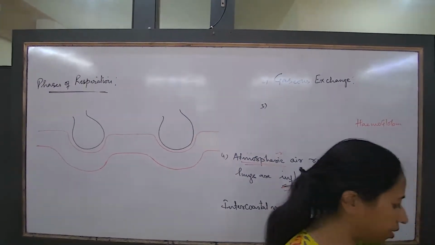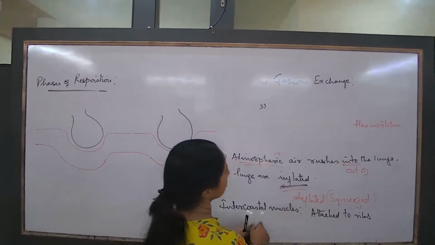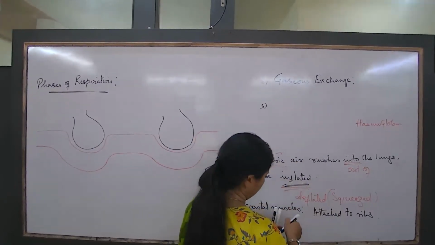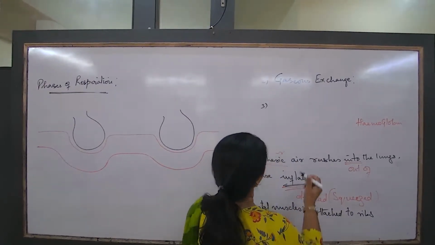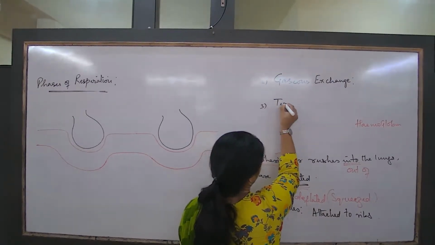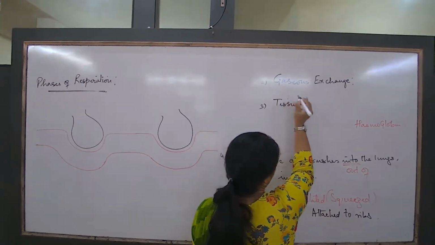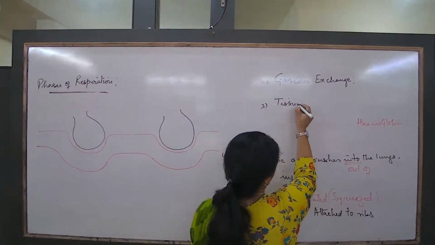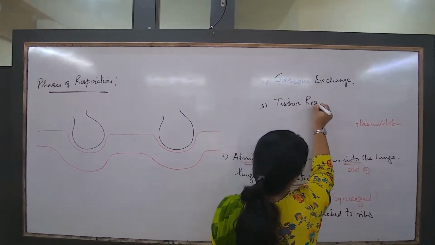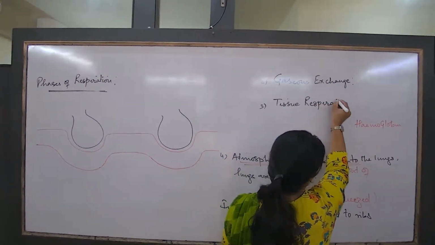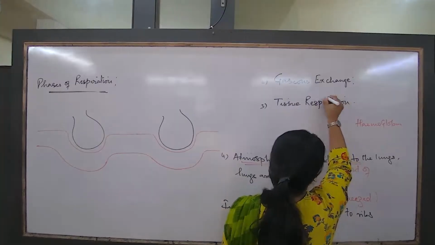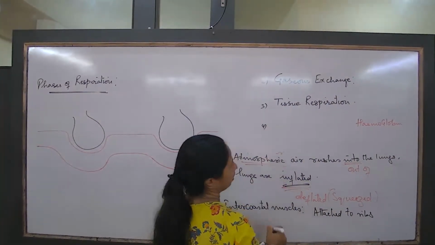Number 3. What is the third step we will learn now? The third step is tissue respiration. Write down the definition.